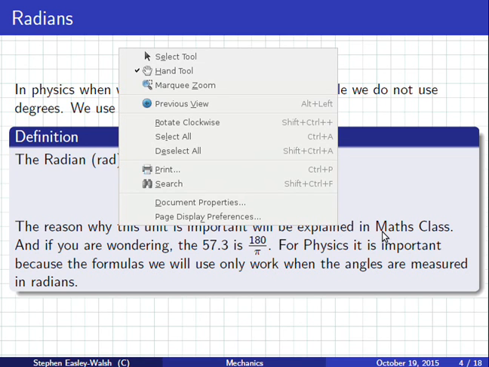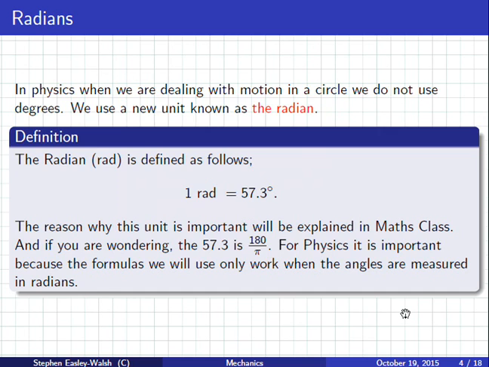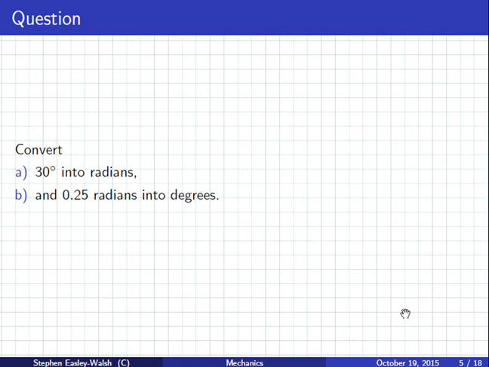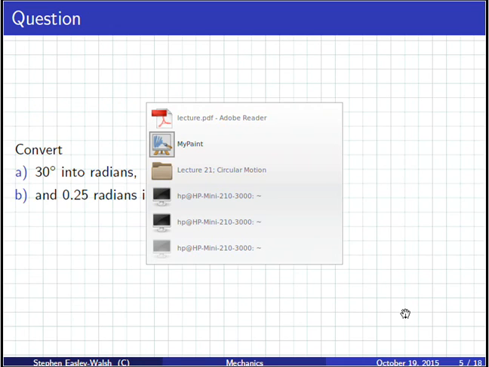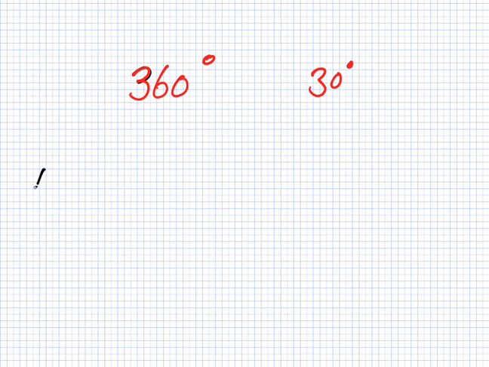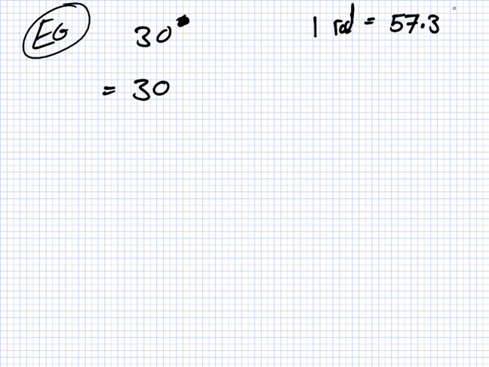Let's go on. Let's have a look at an example first. Let's convert 30 degrees into radians and 0.25 radians into degrees. Example: 30 degrees equals 30 times 1 degree. How big is 1 degree? If you remember, 1 radian is 57.3 degrees.